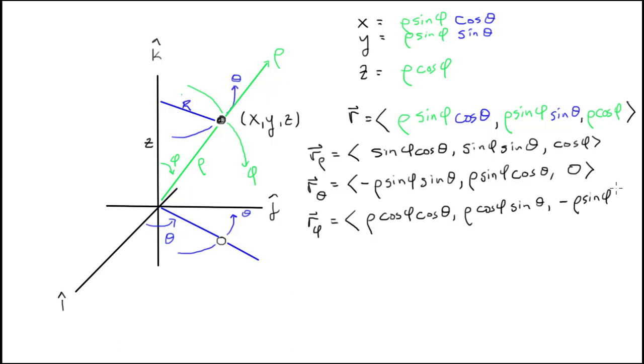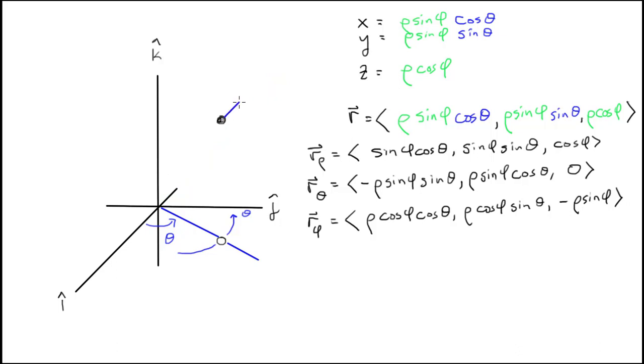Looking at our tangent vectors now coming off of our point, we have our radial tangent vector. So the theta tangent vector is parallel to the xy plane, and the phi tangent vector is in the zr plane with the rho tangent vector.